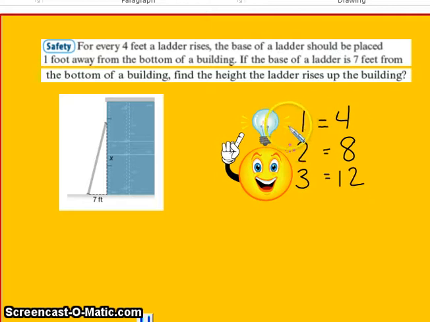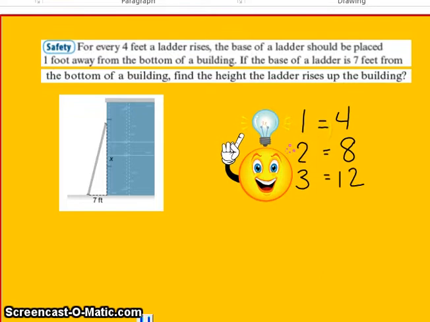Now notice the relationship between these numbers. To go from the horizontal distance to the vertical distance of the building, notice that we have to multiply by 4 each time. So the horizontal distance of the ladder times 4 will give us the vertical distance. Now what we're looking for is the height up.